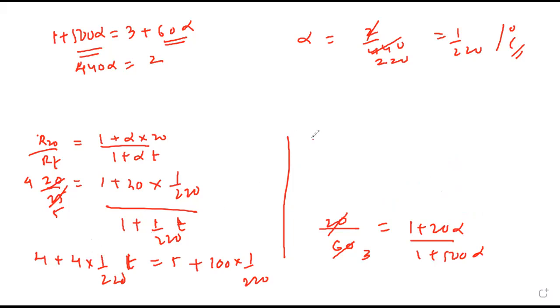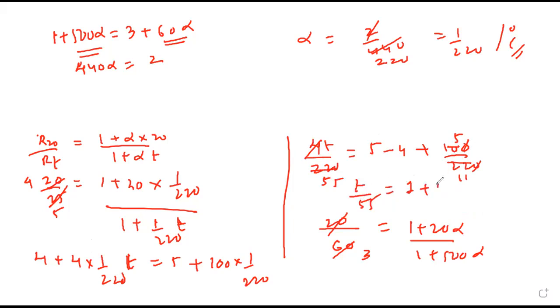This is 4 upon 220 T is 5 minus 4 plus 100 upon 220. 0 you can cancel. So 3 upon 55 is 1 plus 5 upon 11. LCM.